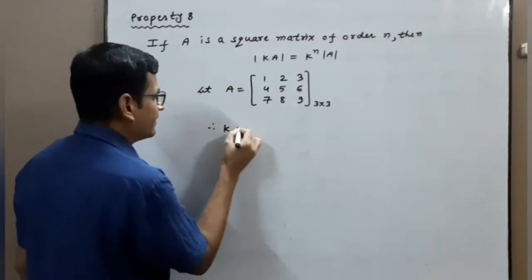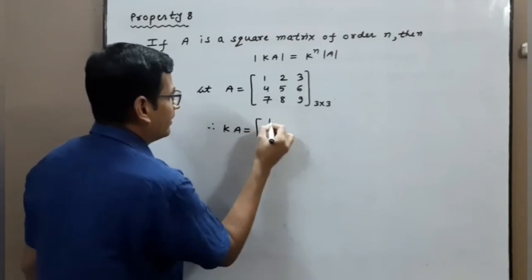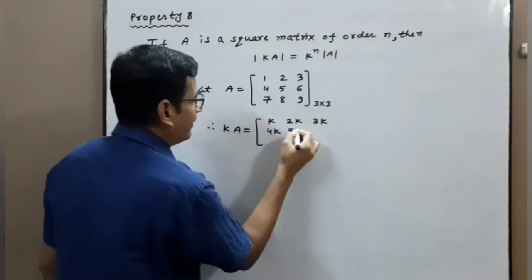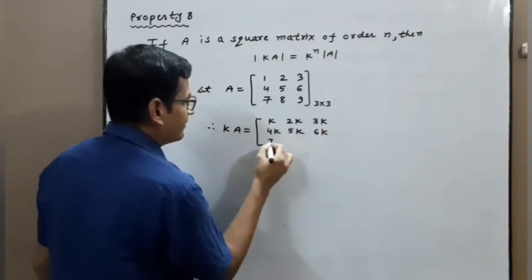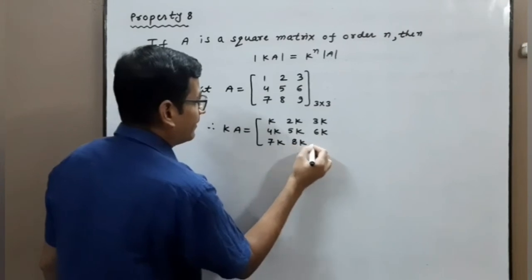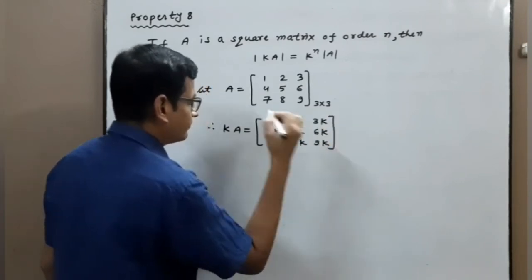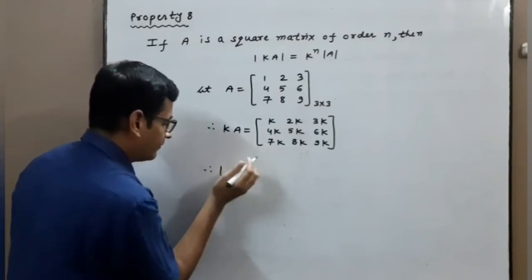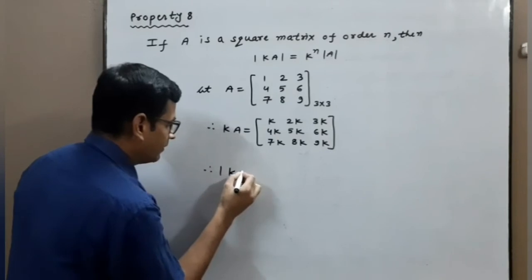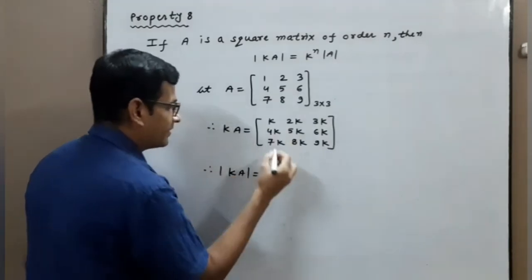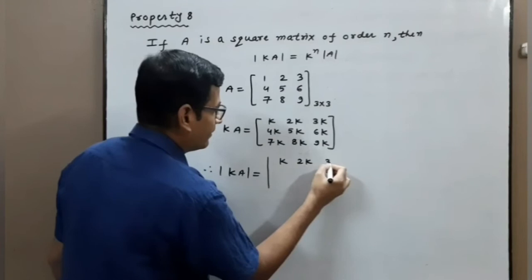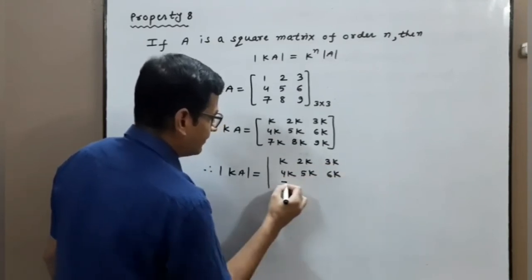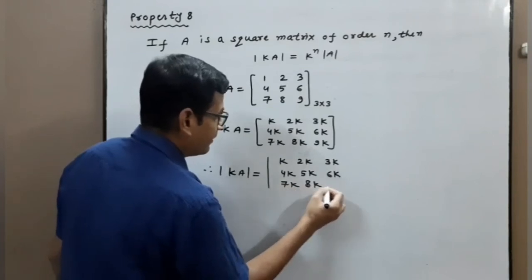Therefore, k into A is equal to k, 2k, 3k, 4k, 5k, 6k, 7k, 8k, 9k. Therefore, the determinant of kA is equal to the determinant of this matrix.